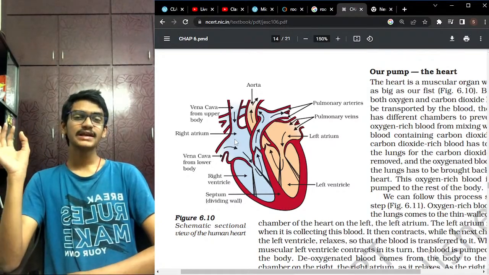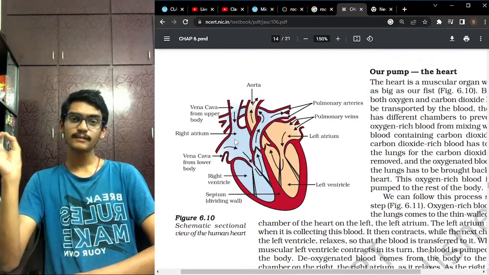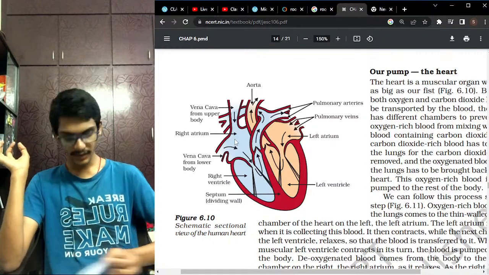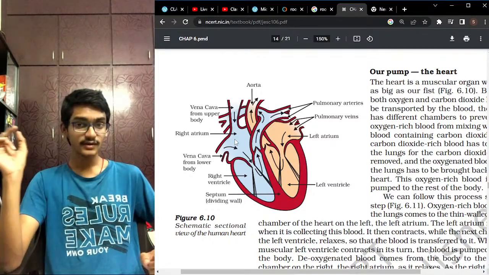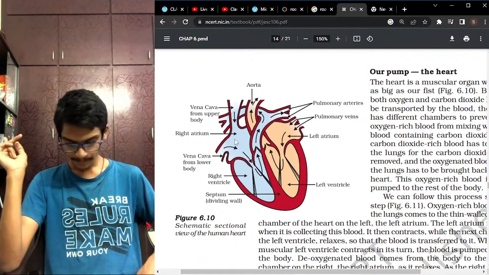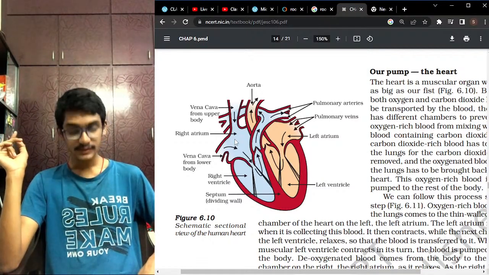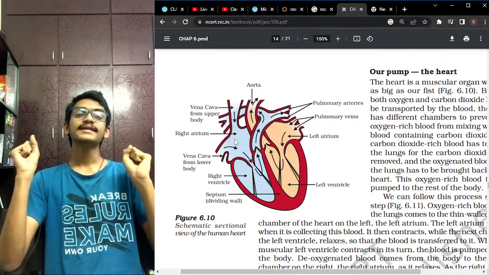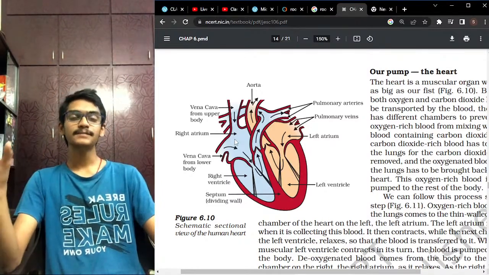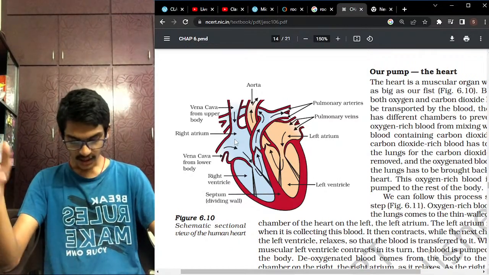And the pulse rate is 72 beats per minute. It will beat 72 times in one minute, and that is called a heartbeat. Heartbeat is nothing but the contraction and the relaxation of the heart in a specified period of time. That is considered to be the heartbeat.